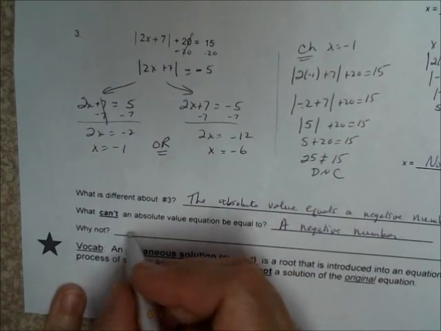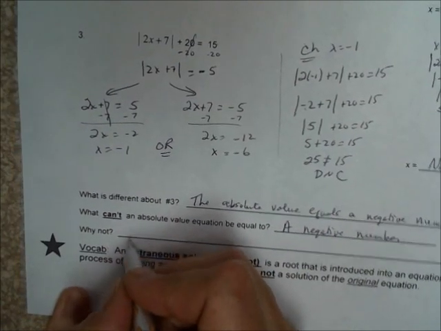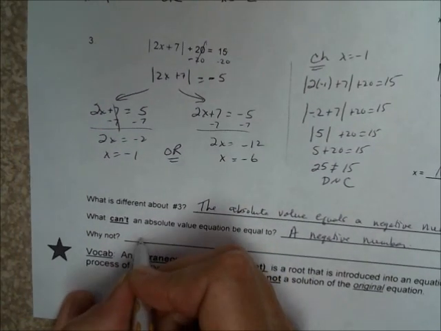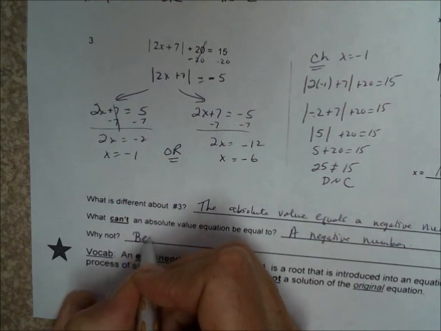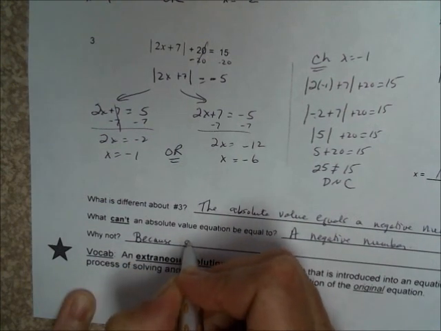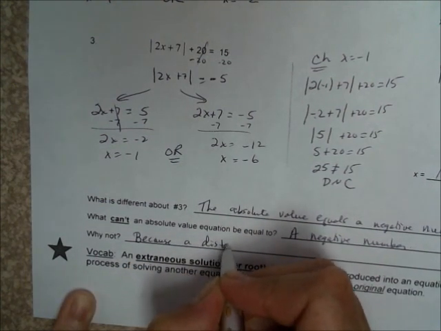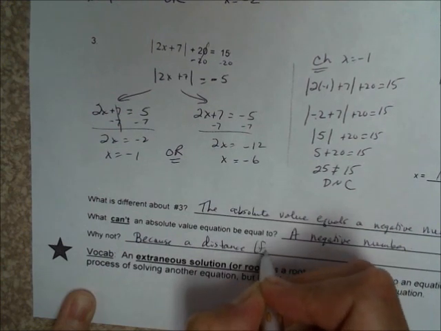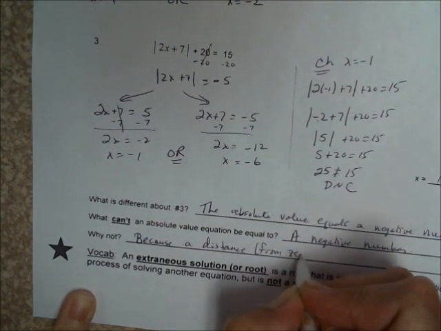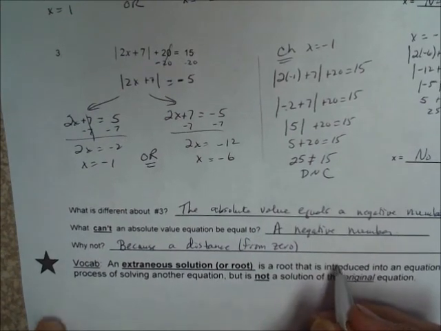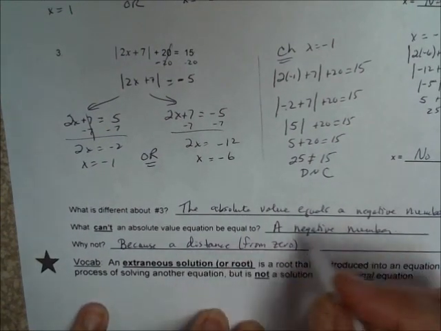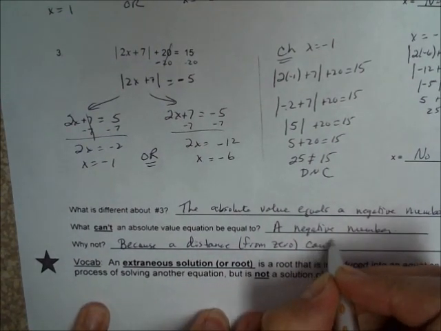Why not? Because the distance from 0, a distance, can never be negative. Remember, a distance from 0 is what absolute value means. So because a distance can't be negative.